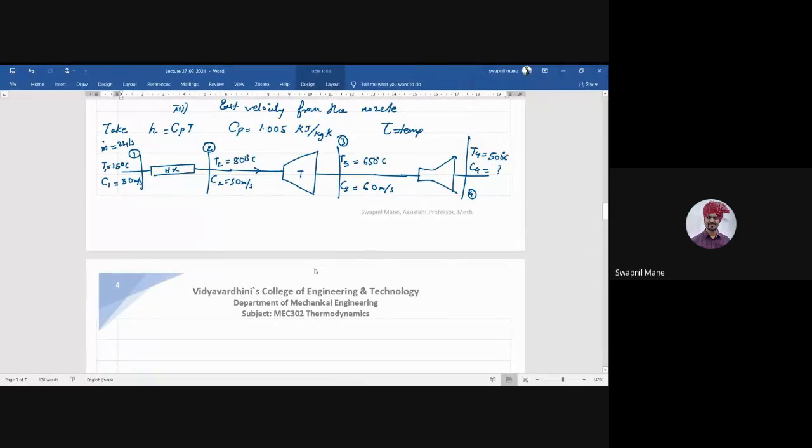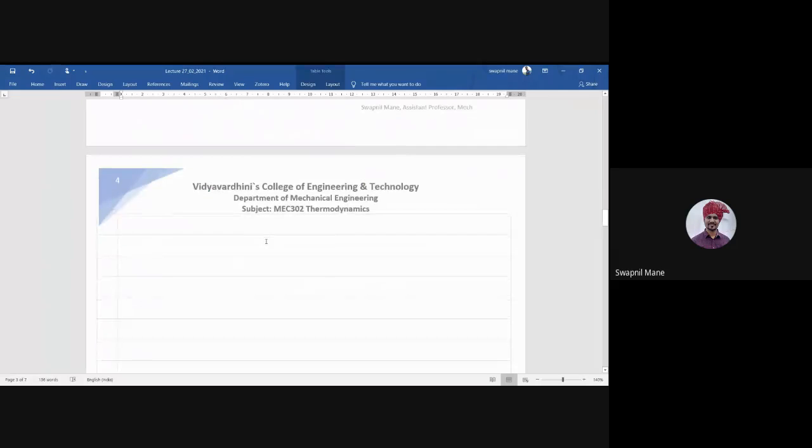First we will solve for the heat exchanger and apply the steady flow energy equation to the heat exchanger. So number one is the heat exchanger. Can we apply the steady flow energy equation to a heat exchanger? Yes.